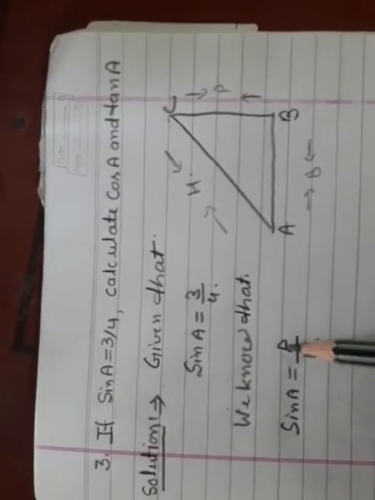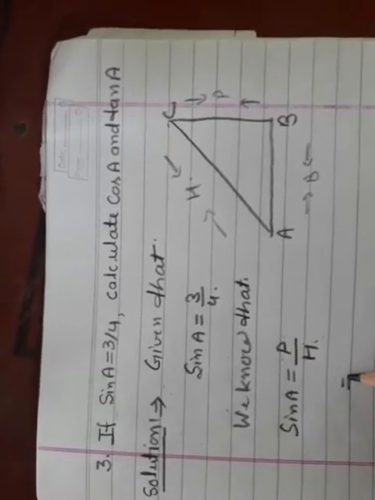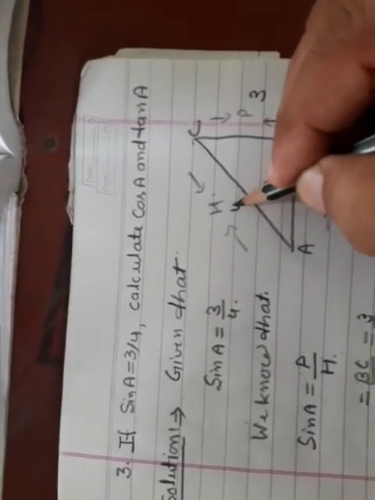Now sine is equal to P by H, and P by H means perpendicular BC upon hypotenuse AC is equal to 3 by 4. So BC is given 3 and AC is given 4. Clear? Now use the Pythagoras theorem to find AB.